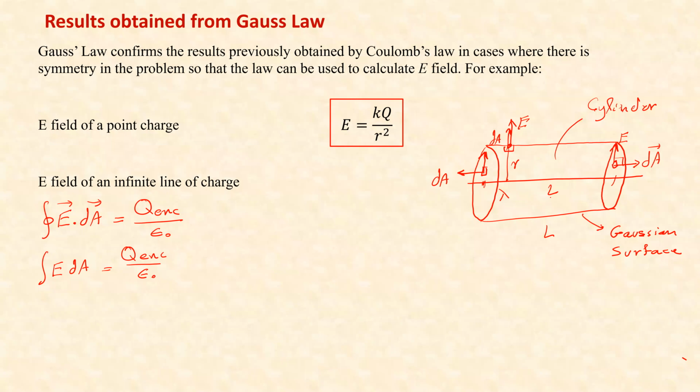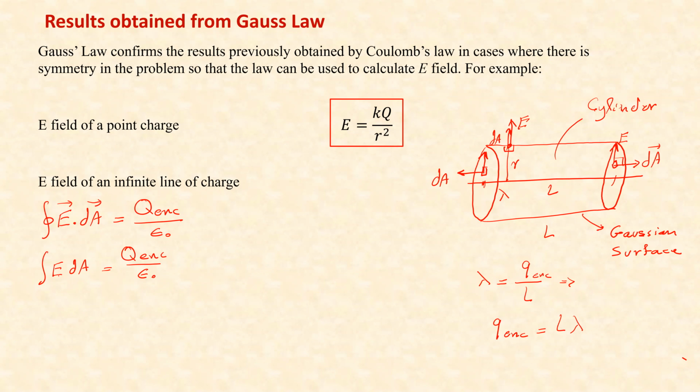If the length is L, we know that lambda is equal to Q over L, then Q enclosed becomes L times lambda. So we can replace Q enclosed by L lambda.